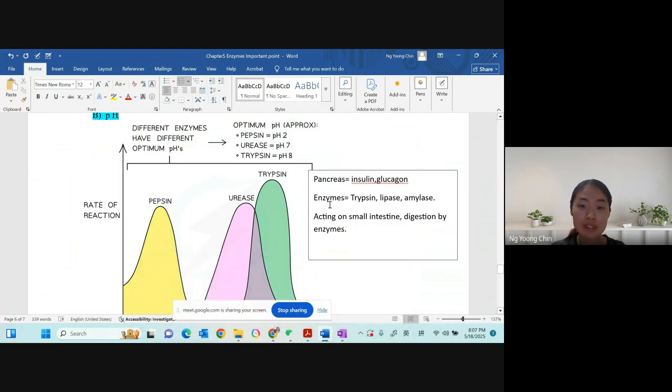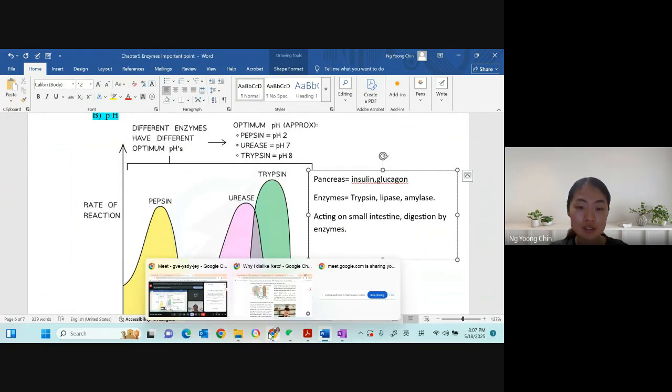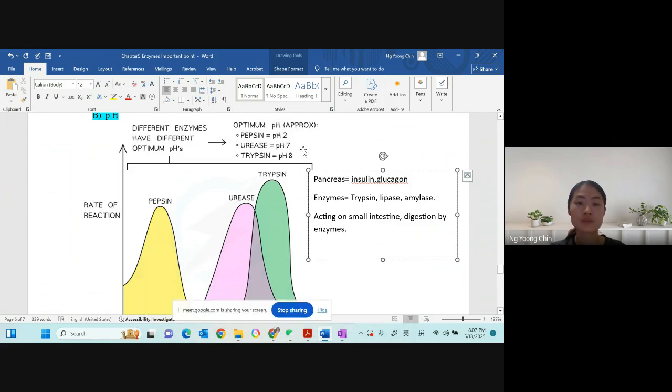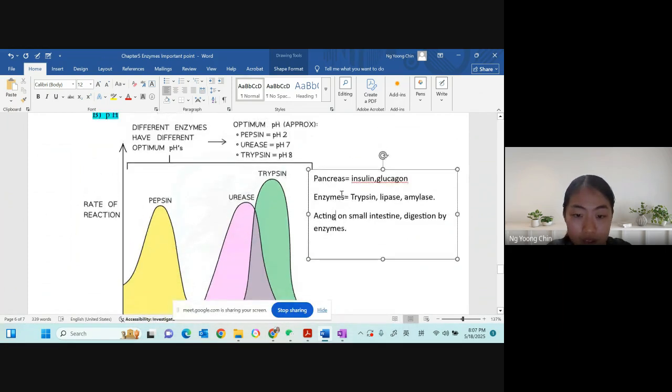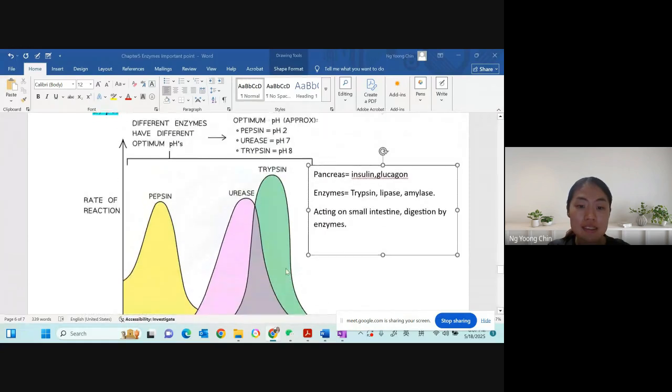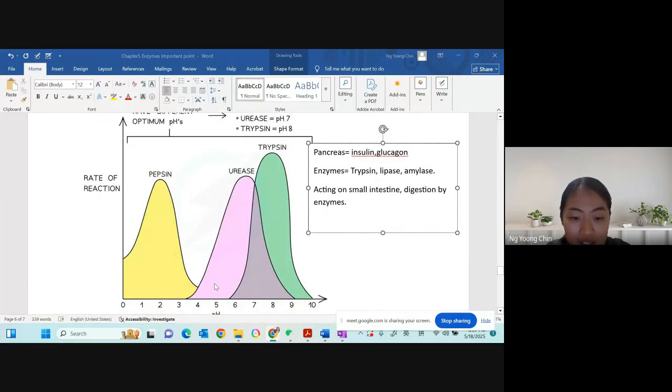Can you see my screen? I am showing you the pH curve. You can see it, right? Okay.